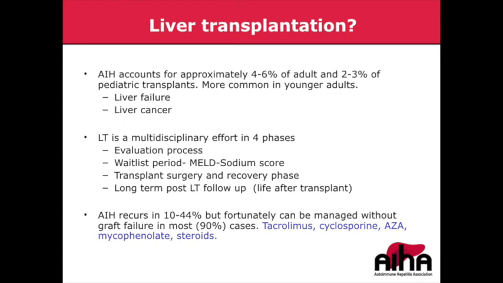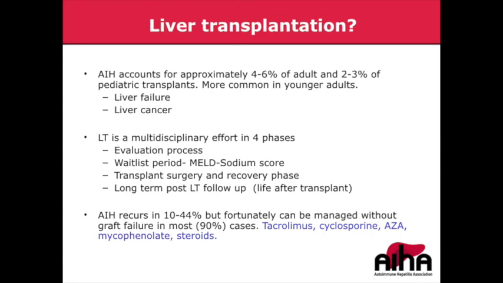There are multiple phases. There's the evaluation process, wait list period, where the priority for transplant is just based on labs. The transplant procedure itself, and then long-term follow-up and really living with transplant requires lifelong immunosuppression. And you see much the same agents that we talk about with autoimmune hepatitis.